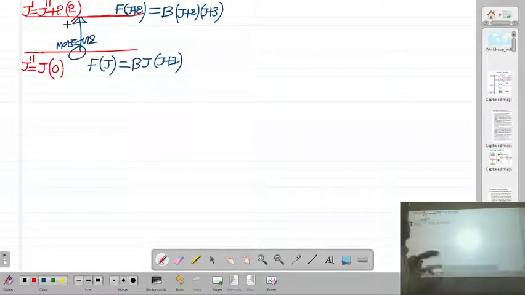So now when the molecule makes a transition between these two rotational levels, j to j plus 2, it will give the rotational Raman lines.